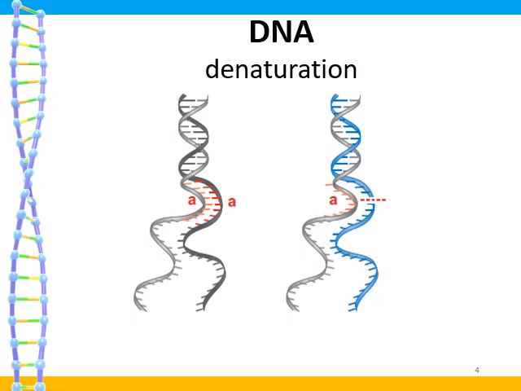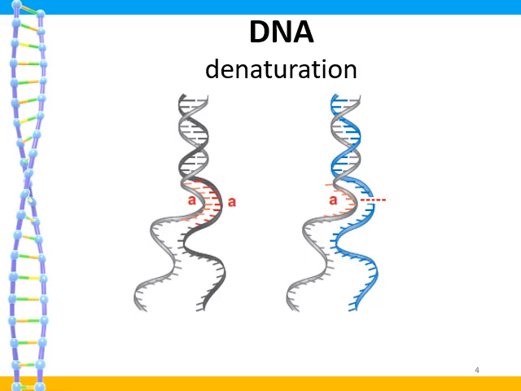A process that can happen to DNA is denaturation. By denaturation, we mean separation of the two strands of the DNA. I told you that the two strands of the DNA are attached together by hydrogen bonds that are formed between the base pairs.